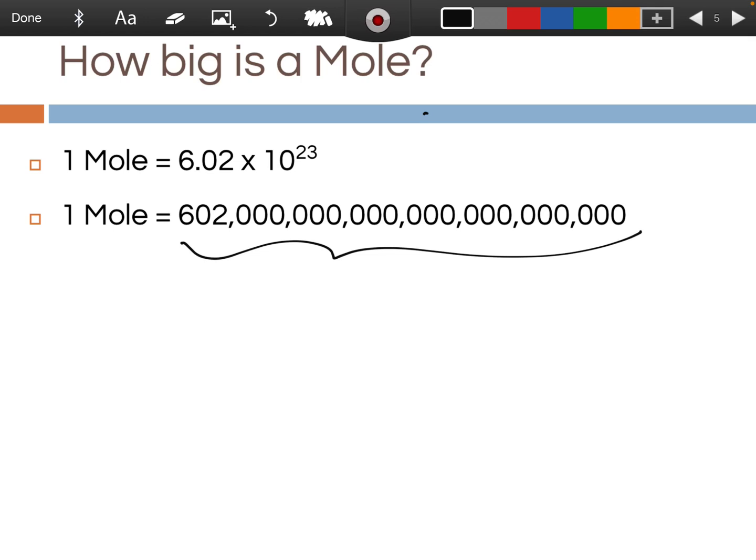But if you think of it, atoms and molecules are really, really small, so there has to be a lot of them when you're talking about a mole. So instead of always repeating 6.02 times 10 to the 23rd, we just say you have 1 mole of substance, or you have 0.5 of a mole, or you have 4 moles. It's a lot easier to quantify such a big number.